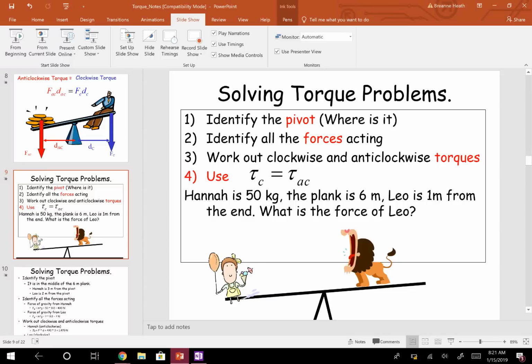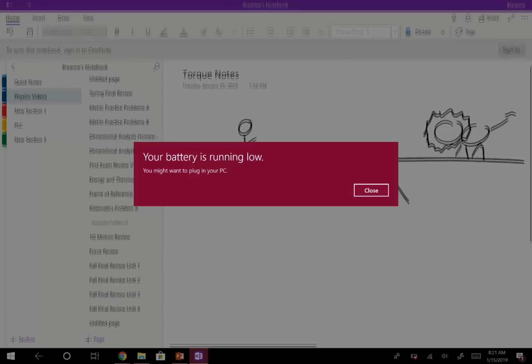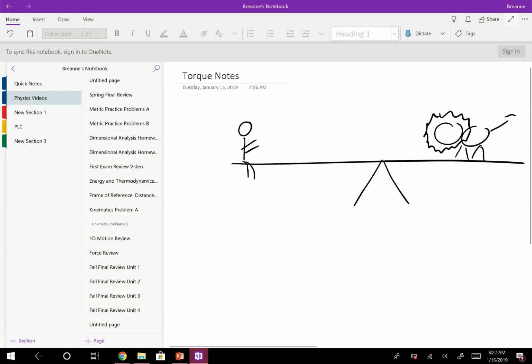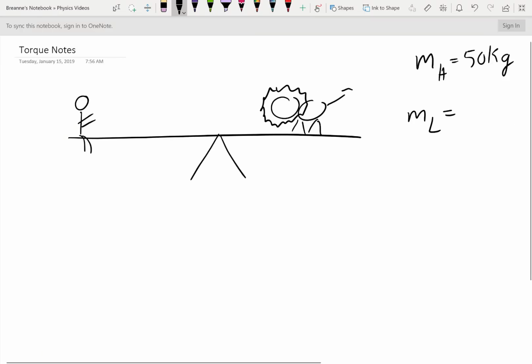But we know the plank is 6 meters, and we know Leo is 1 meter from the end of the plank. We know that the whole entire plank is 6 meters. But we just need the distance from the pivot point.